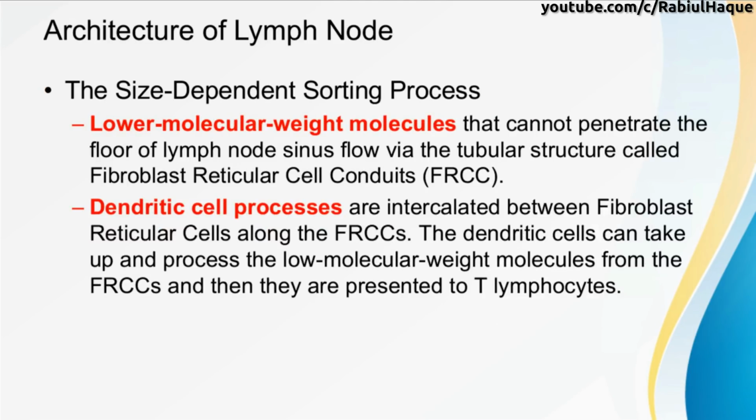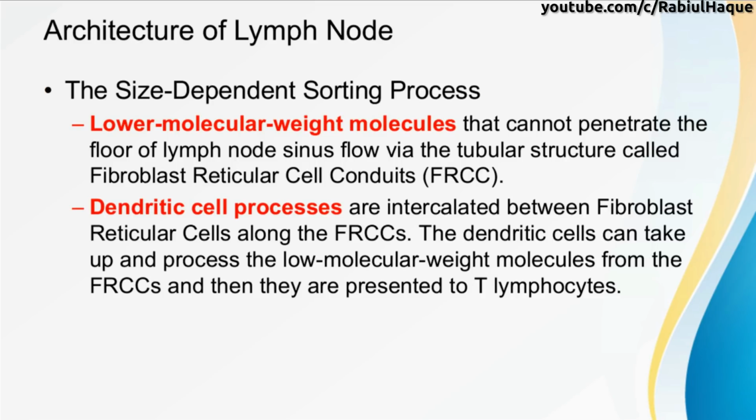But what will happen when lower molecular weight molecules have entered the subcapsular sinus of the lymph nodes? Since they cannot penetrate the floor of the lymph node sinus, instead they will flow via the tubular structures that we are calling fibroblast reticular cell conduits.